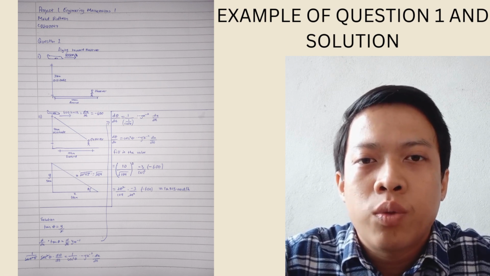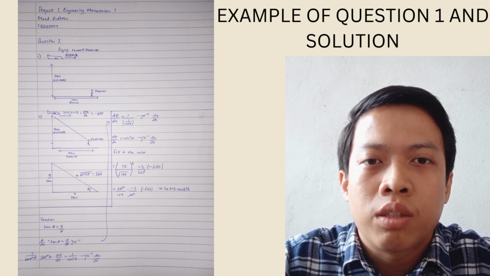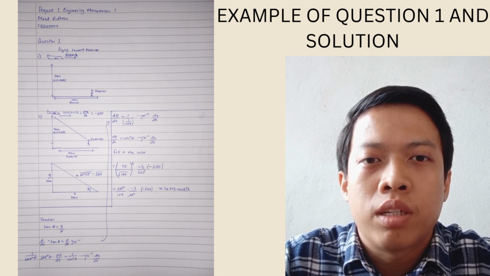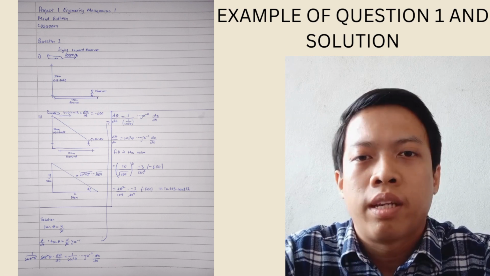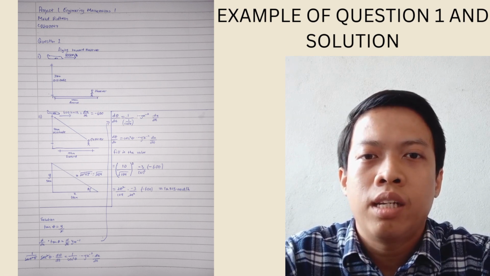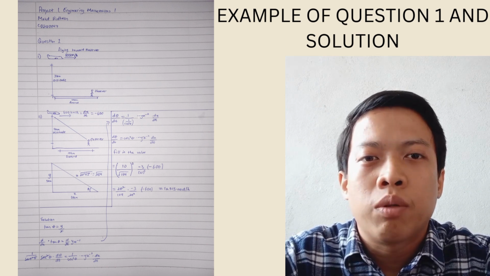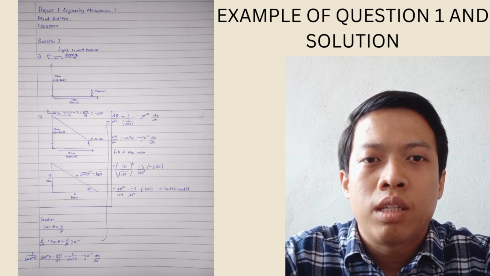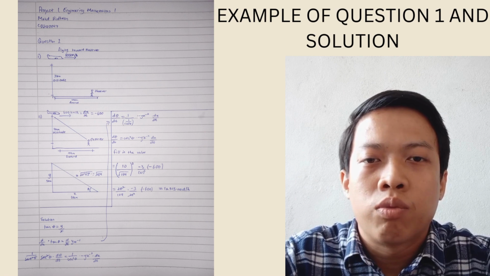Then sec squared theta d theta over dt equals negative y x to the power of -2 dx over dt. We need to multiply both sides by 1 over sec squared theta.